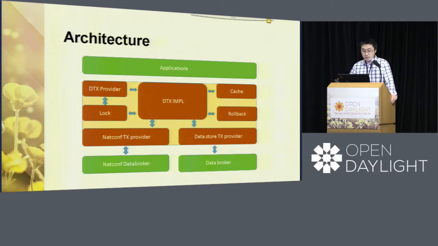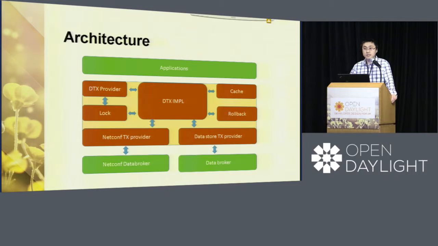On the right-hand side there are 2 blocks. One is called cache. The reason DTX can keep the transaction atomic is that before each operation, we read the data first. Suppose you have some data to operate on, either write or delete.